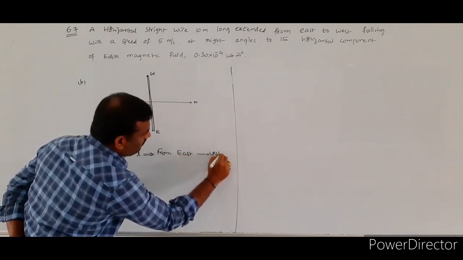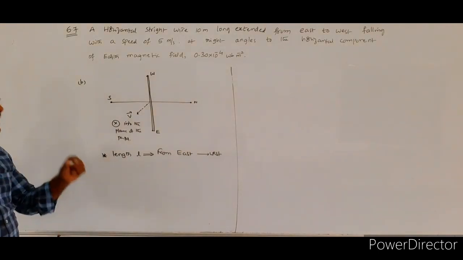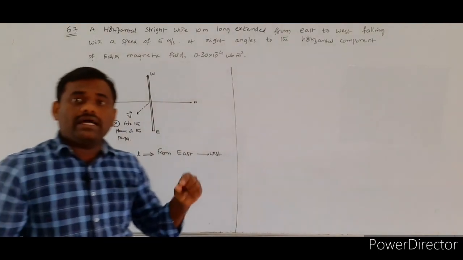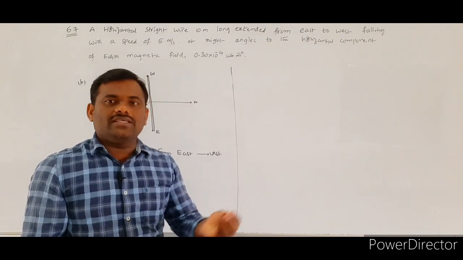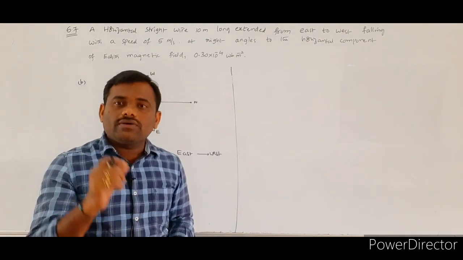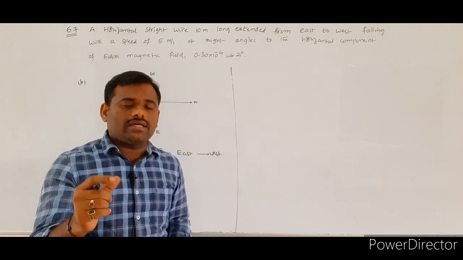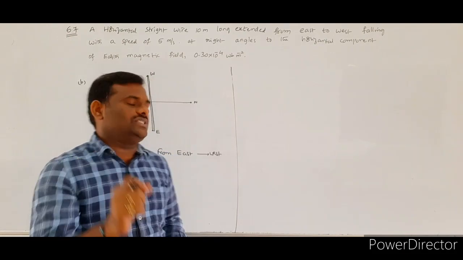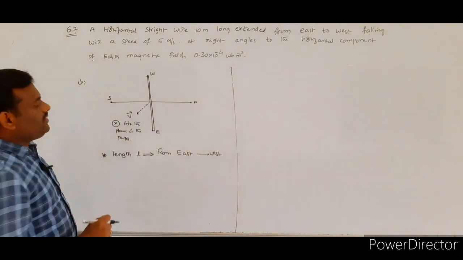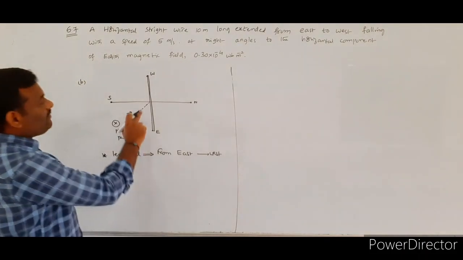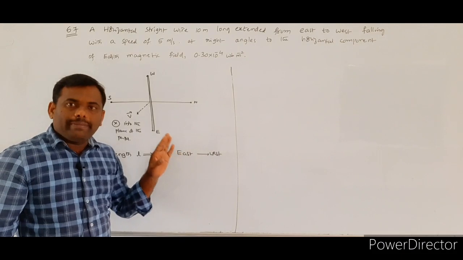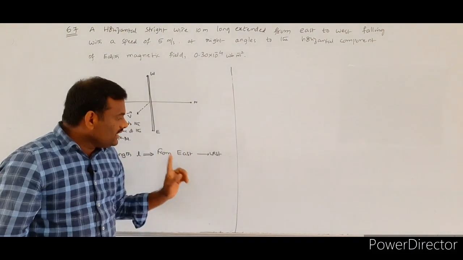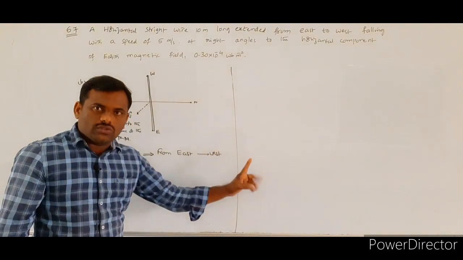The length of the rod will always be taken in the direction of east to west. Suppose we assume a displacement vector. If you want to measure the displacement vector, you must mention its direction. Like that, here I am assuming that the length of the given rod is a vector quantity, whose length will be measured from east to west.